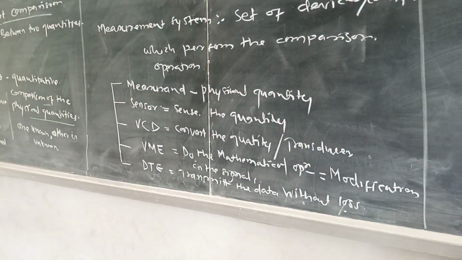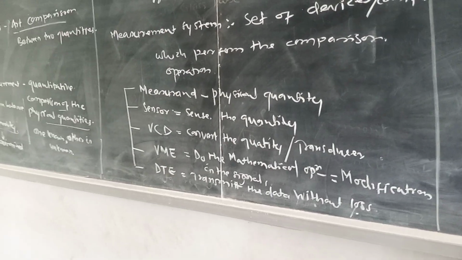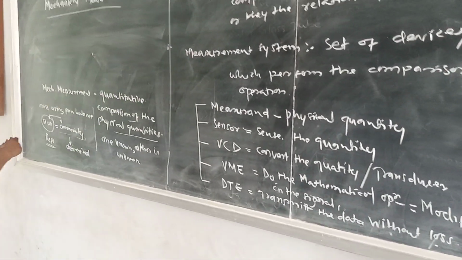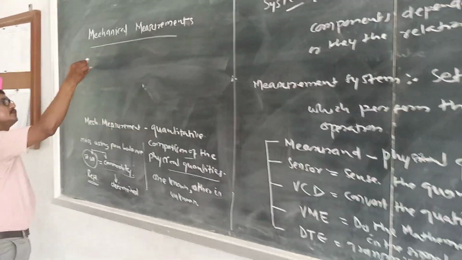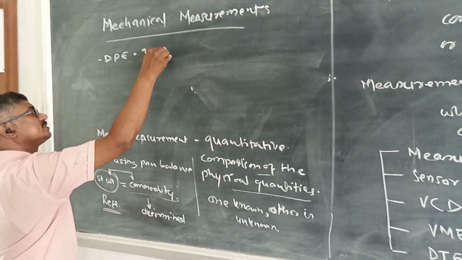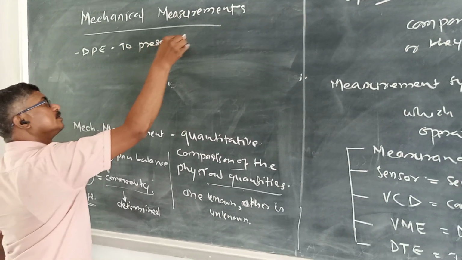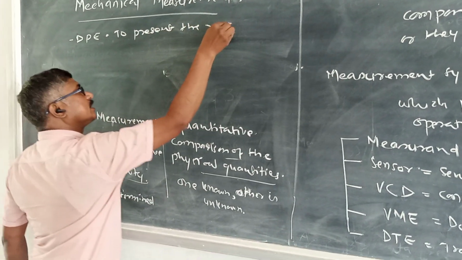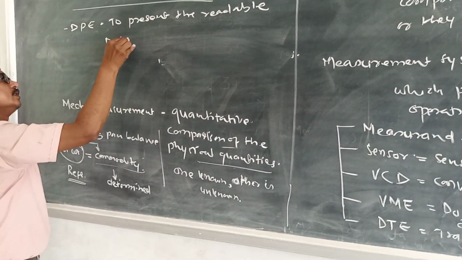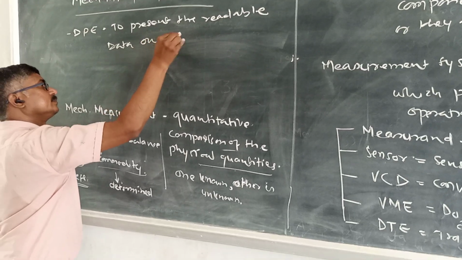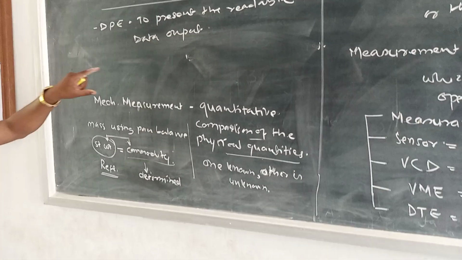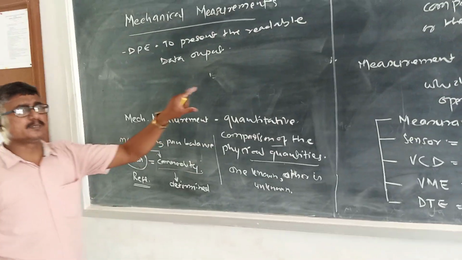And lastly, the final one is the data presentation element to present the readable data output. So these are the 6 components that each and every mechanical measurement system has.